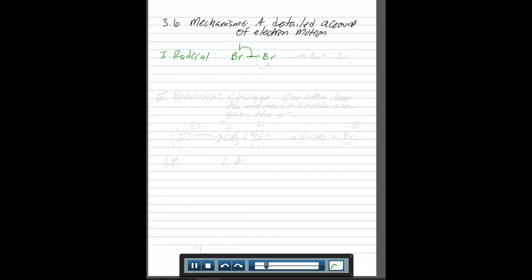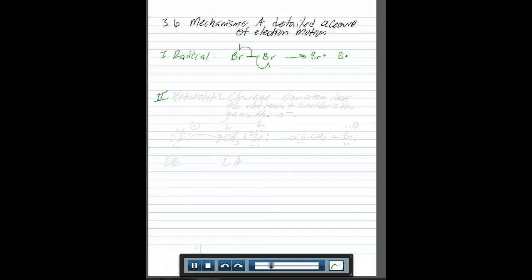One electron goes to one bromine, the other electron goes to the other bromine. Notice my arrows, it's what's called a half arrow, because it's only implying one electron, and you form bromines with unpaired electrons. That's what a radical is. Radicals are unpaired electrons, and they're very high in energy and are not very stable. But we're not going to talk too much about these types of reactions.